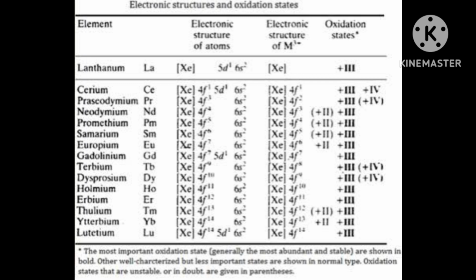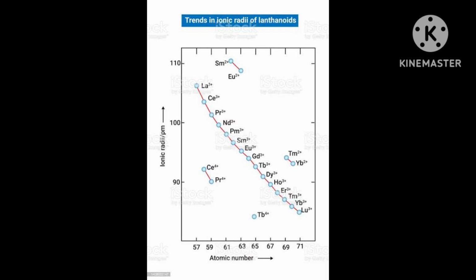Okay. If you want to write Ce3+, then now only 4f1 will remain. And if Ce4+ you want, means 4 electrons want to remove, then the 1 electron that is remaining now will also go.